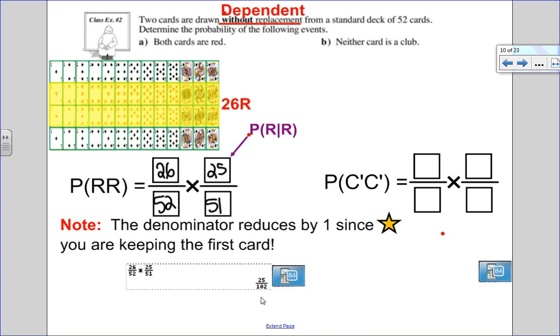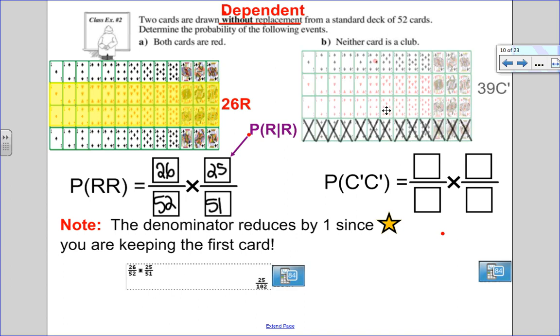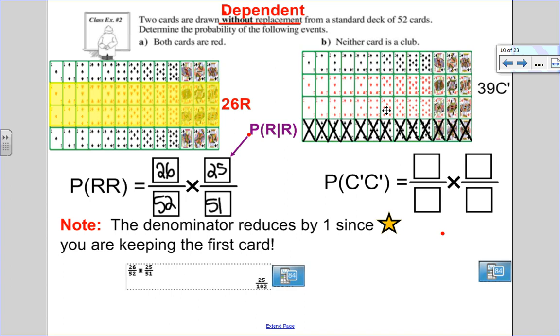Next question says, what is the probability that neither card is a club? So in other words, not club and not club. So looking at the deck of cards, if I take out all of the clubs, there are 39 not clubs. So putting this together, I want to pick a not club, 39 out of 52.